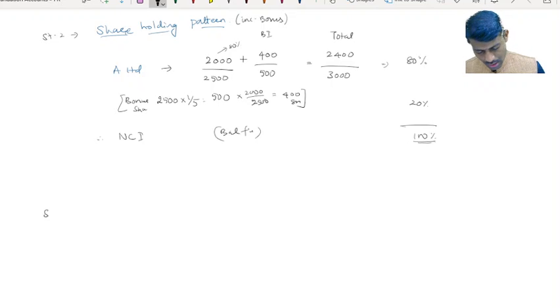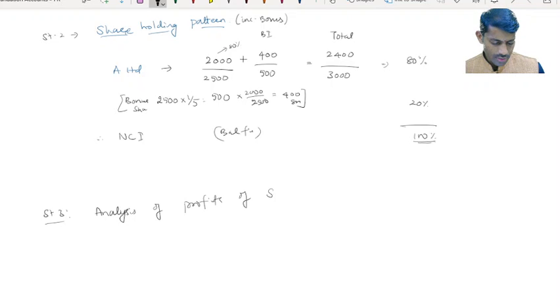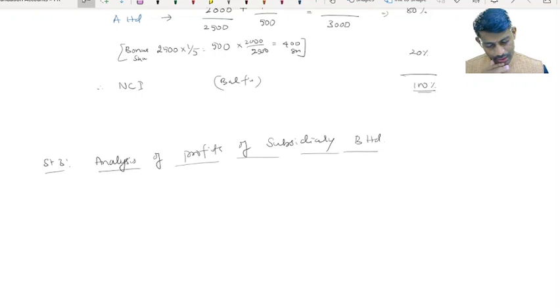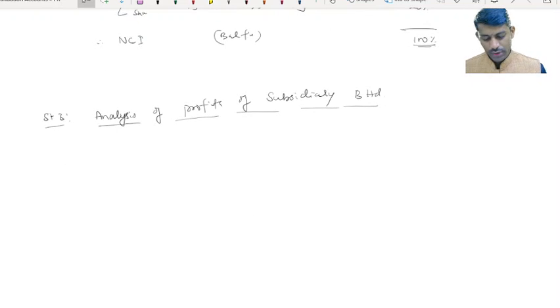Next, step number 3, analysis of profits of subsidiary B Limited. Out of that, first we have to check the General Reserve.